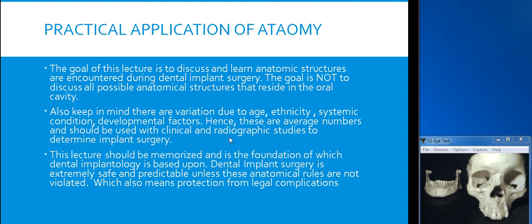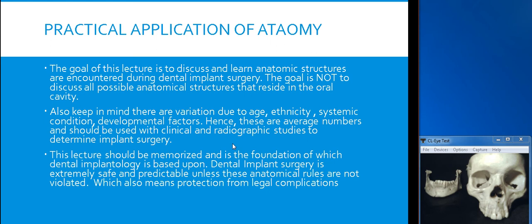Because when you make any mistake or your implant fails, you can take it out. You can do a bone graft. But there are certain things that make implantology dangerous. For example, if you go through the lingual cortex not realizing the anatomy, the patient can die from hematoma.